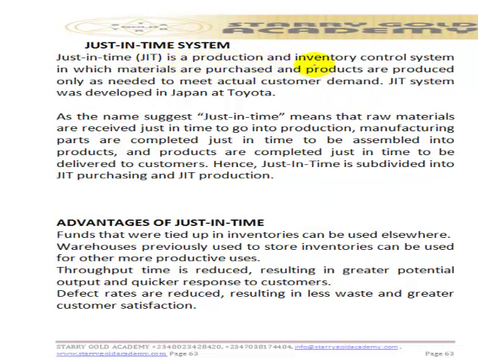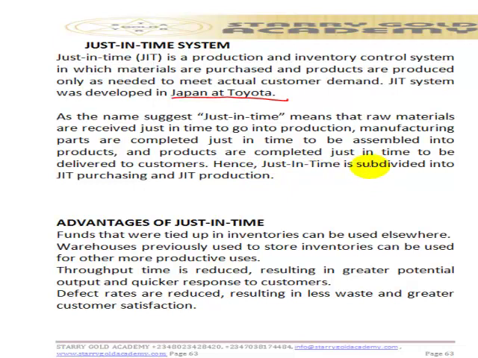Now, just-in-time is a production and inventory control system in which materials are purchased and products are produced only as needed to meet actual customer demands. The just-in-time system was developed in Japan at Toyota. As the name suggests, it means that raw materials are received just in time to go into production, manufacturing parts are completed just in time to be assembled into product, and products are completed just in time to be delivered to customers.